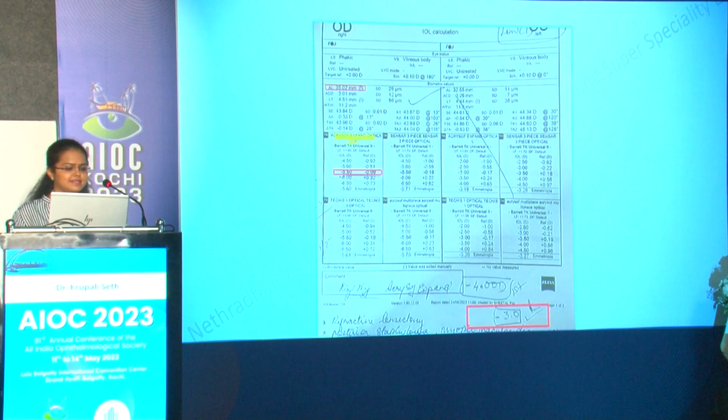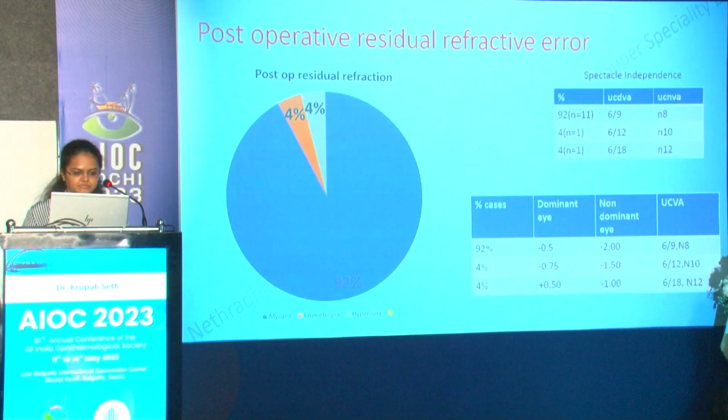This is the IOL Master 700 chart. The axial length of this patient is 35.02, and the Acrysof Expand is showing -5.5. Our optometrist had put -4, but depending upon the other eye status and our nomogram, we decided to go ahead with -3 diopters.